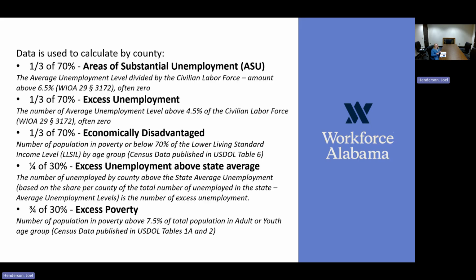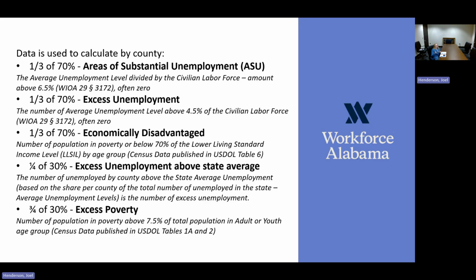So what happens when you have a lot of counties that don't meet it is they don't get any credit, so to speak, for those factors. They just get zero that contributes to the overall percentage of funds that they'll receive. Again, you'll see excess unemployment even in the 30%, so that's 1/4 of the 30%.